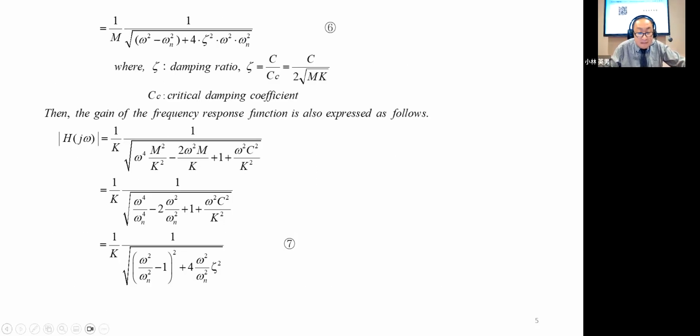So the gain of FRF becomes this one, the equation 7. Okay?